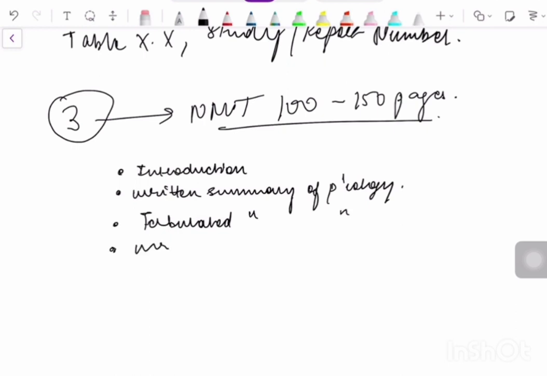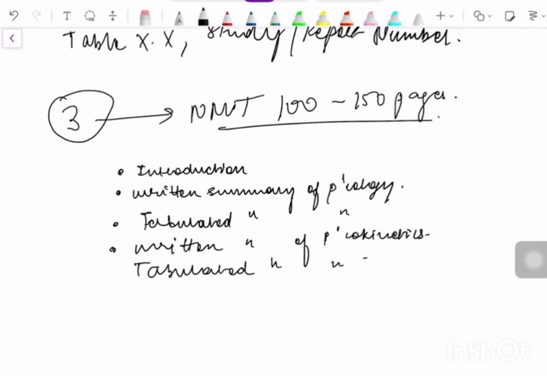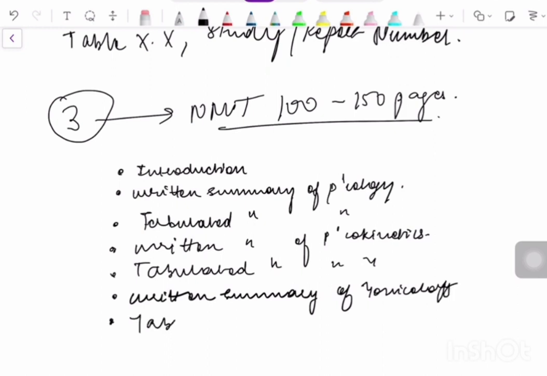Then you can write about the written summary of pharmacokinetics and tabulated summary of pharmacokinetics. Then you can write about the written summary of toxicology and tabulated summary of toxicology.